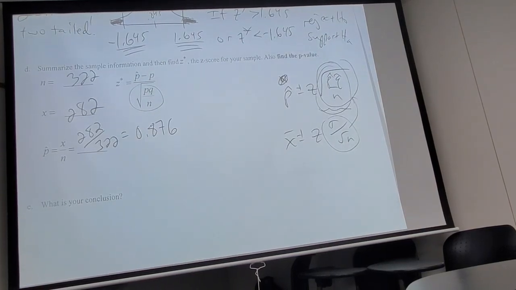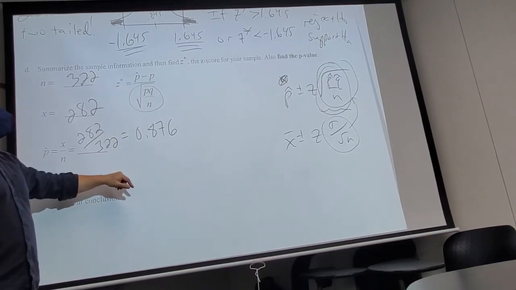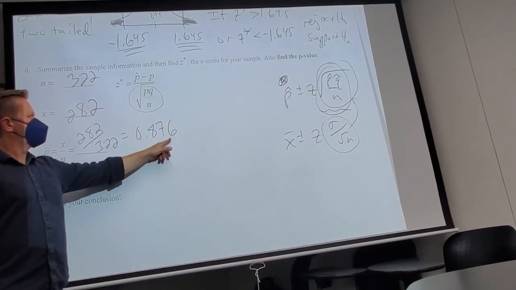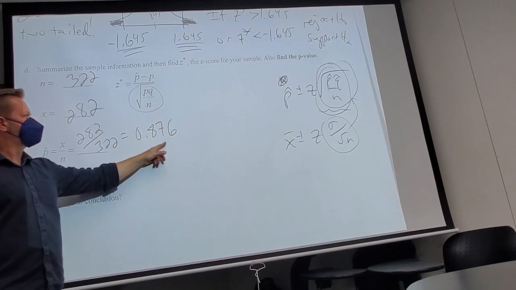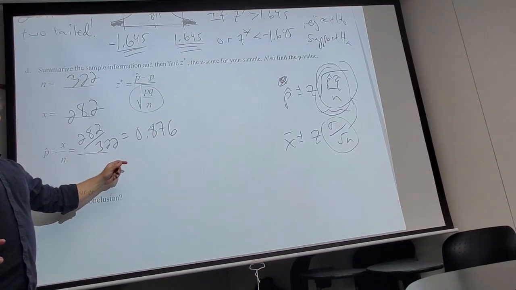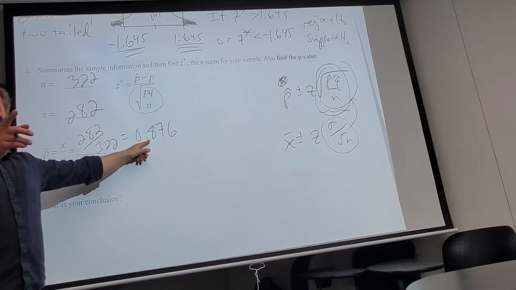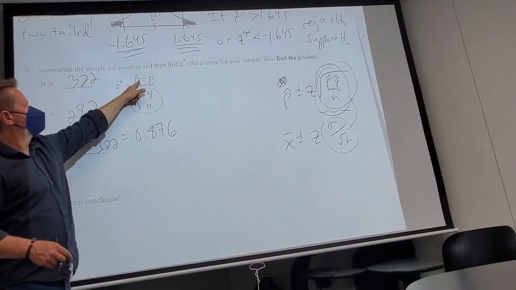And now it's just plug and chug. So you guys take a minute, see if you can't plug this stuff in. Where's the only place this number goes in the formula? I think I heard you say on the top, yeah, right there.